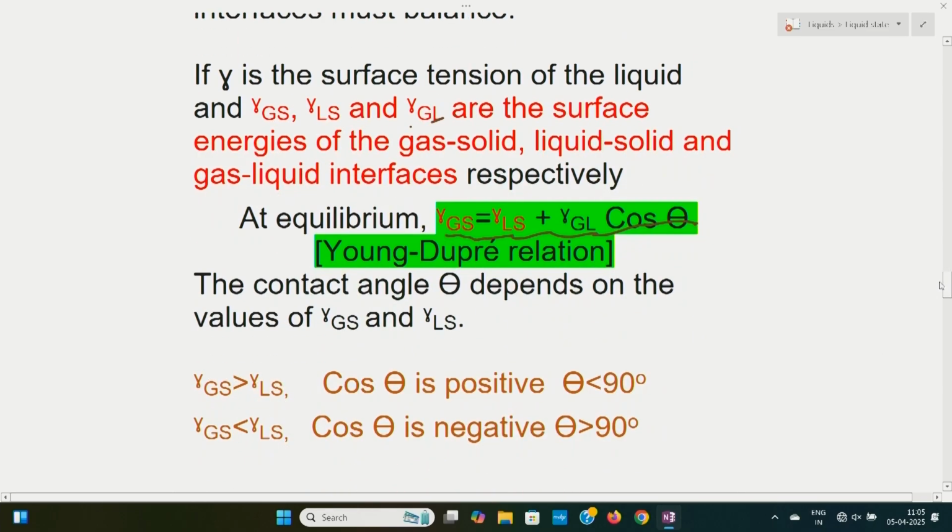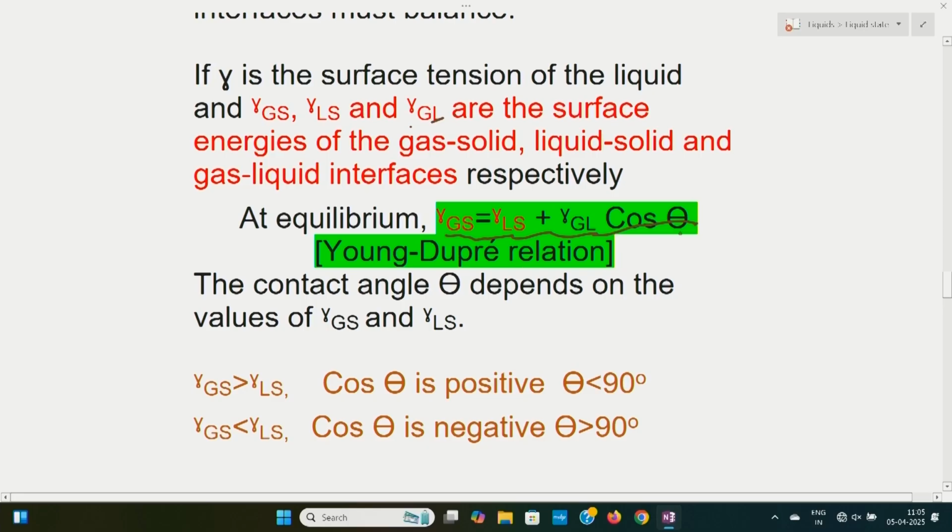At equilibrium, the surface energy at the gas-solid interface is equal to the surface energy of the liquid-solid interface plus the surface energy of the gas-liquid interface times cos theta.